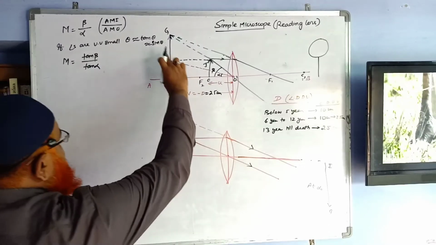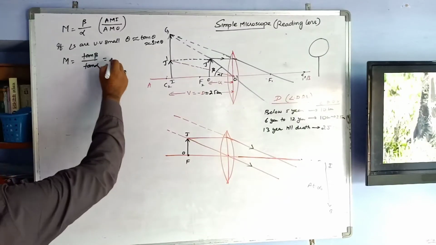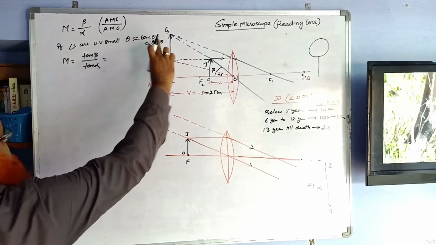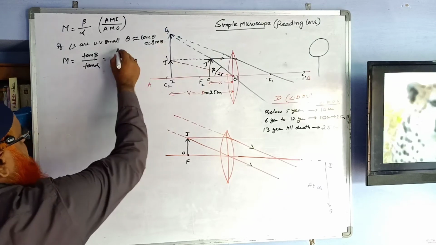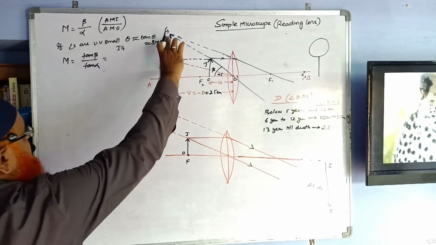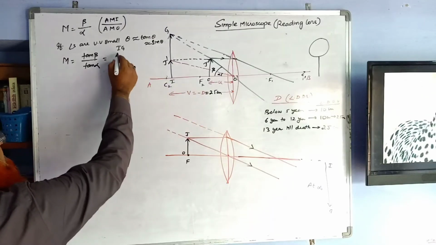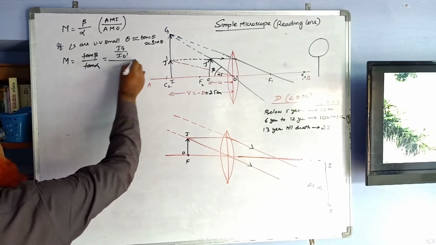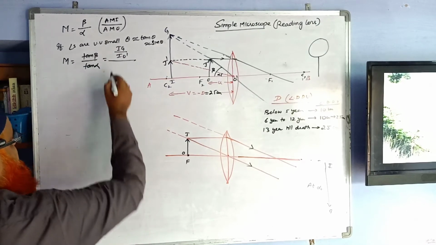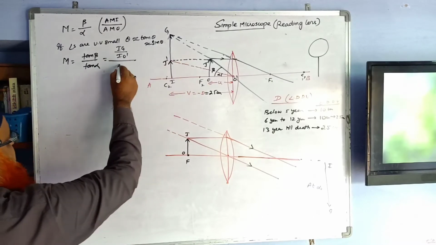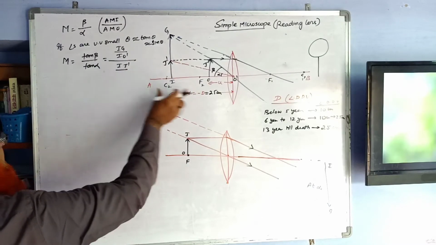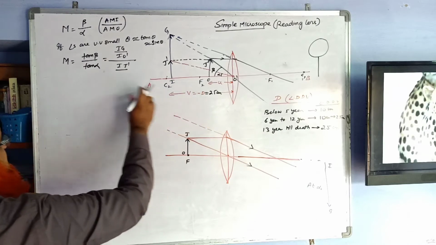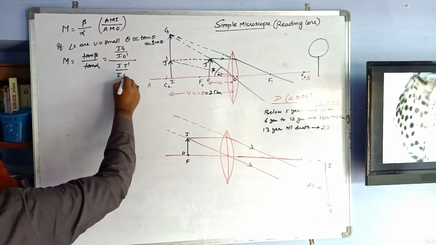Now tan beta by tan alpha. What is tan beta by tan alpha? Tan beta is the opposite side Ig divided by the adjacent side, which is IO dash. Tan alpha is the opposite side Ij dash, and the adjacent side you can consider as IO dash.